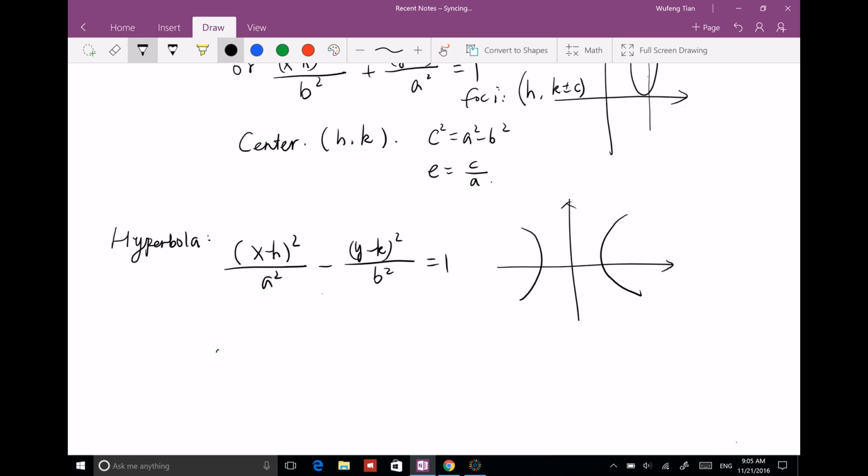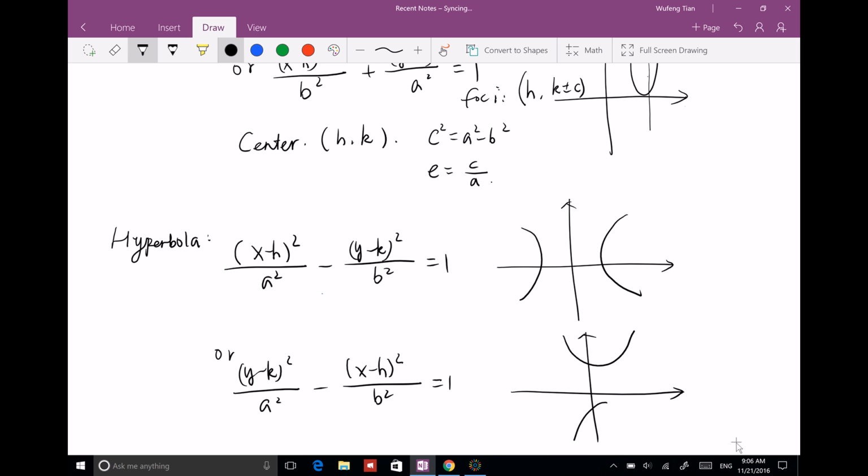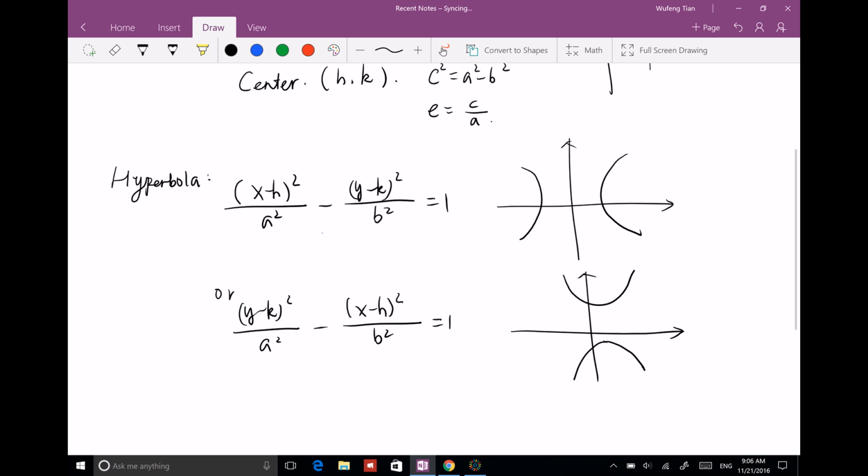And for the other one, (y minus k) squared over a squared minus (x minus h) squared over b squared equals 1, the transverse axis is vertical.